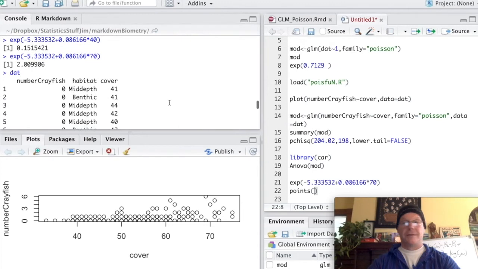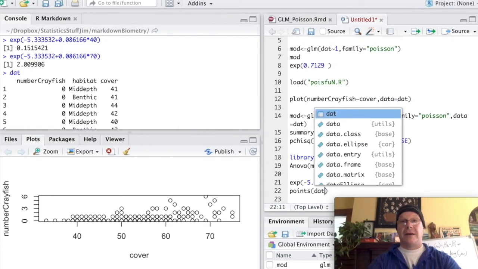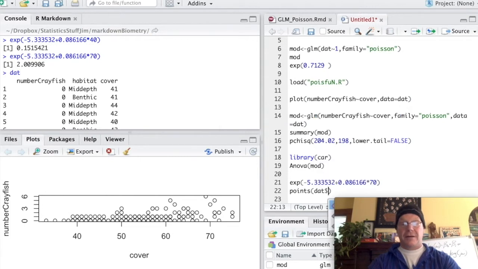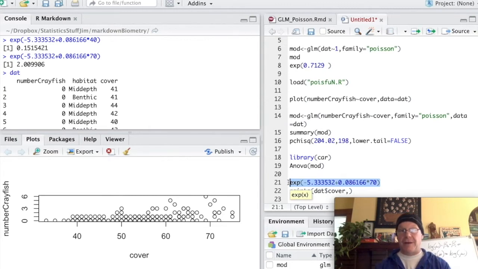So I'm going to say that I want dat$cover on the x-axis. Now the y-axis, I want to be the predicted values. Instead of doing something really cumbersome like this for each one of those possible values for the cover, I can go back and use that predict function, which we've used before. So I'll say predict my model.